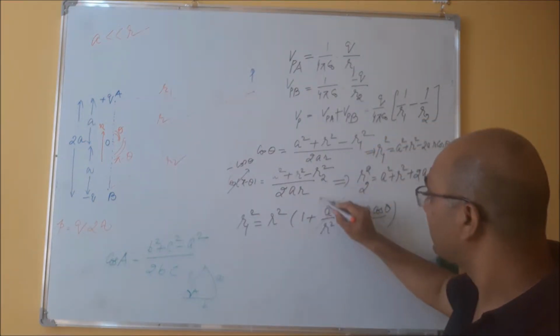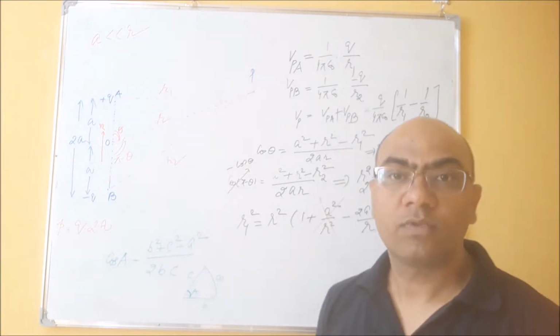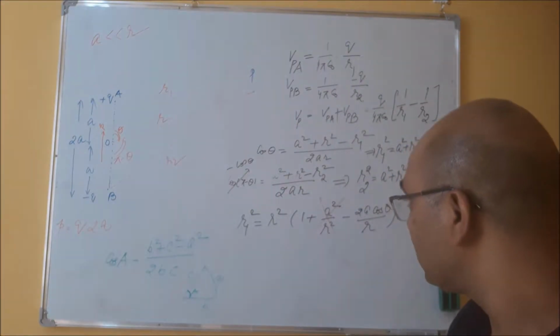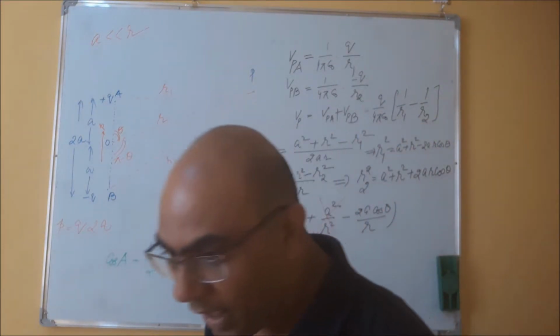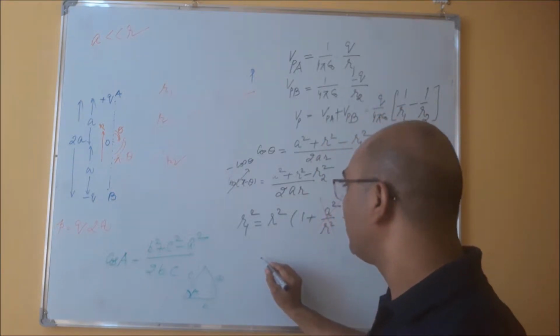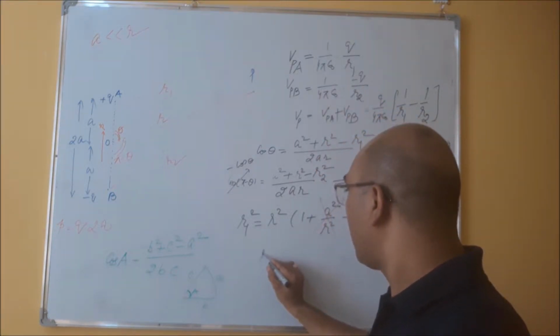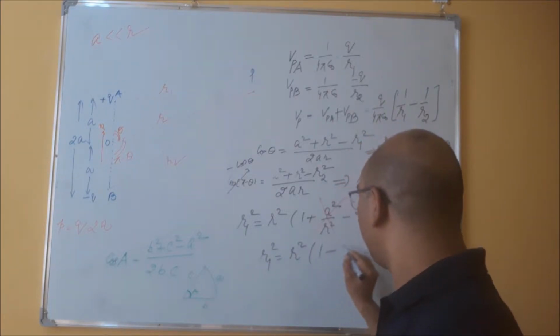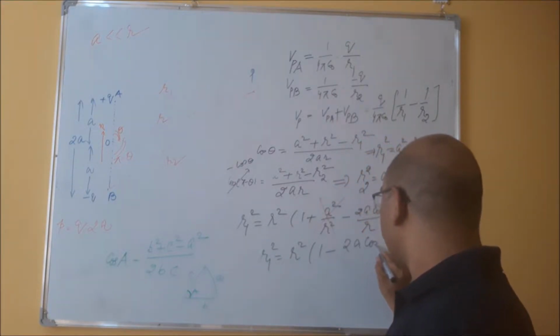We can neglect this term. On neglecting, I will get R1 square as R square times 1 minus 2A cos theta upon R.